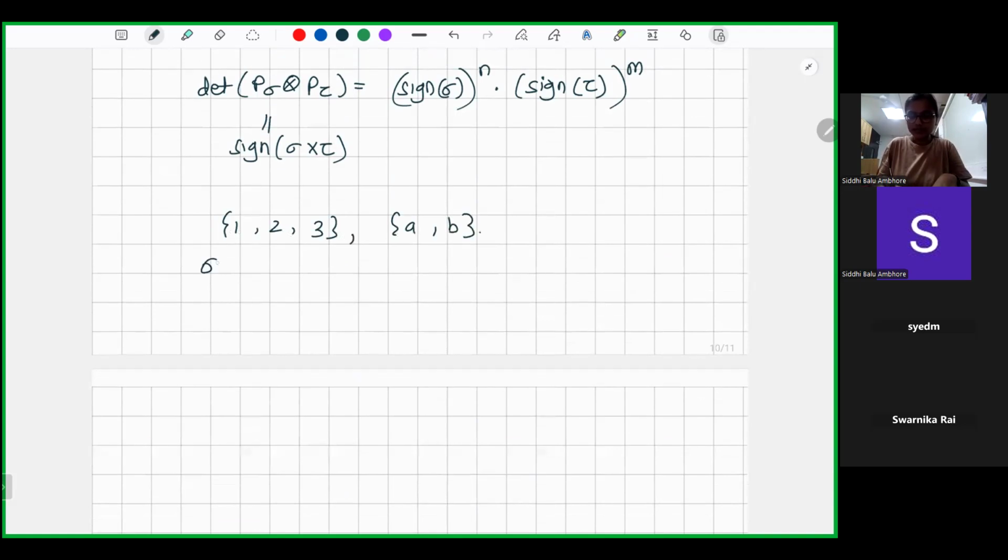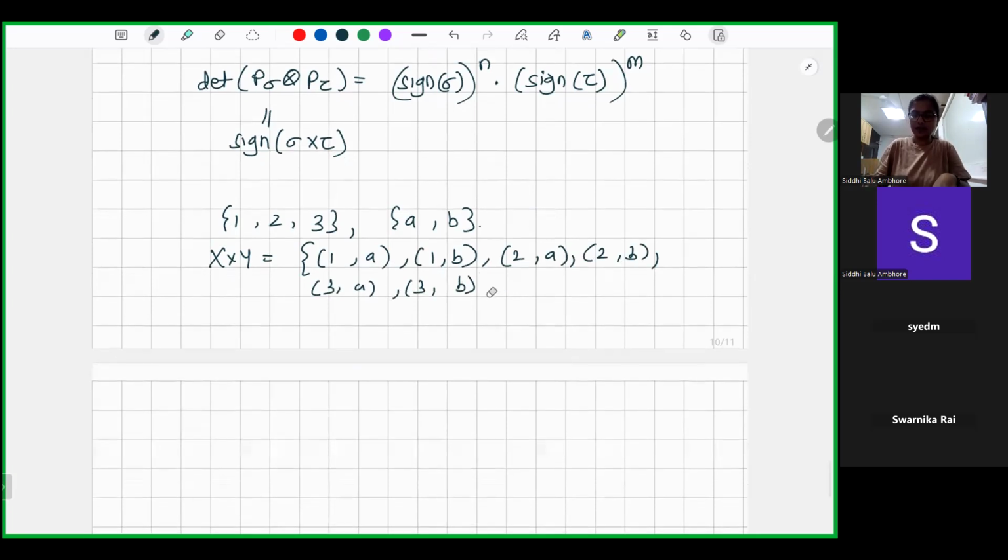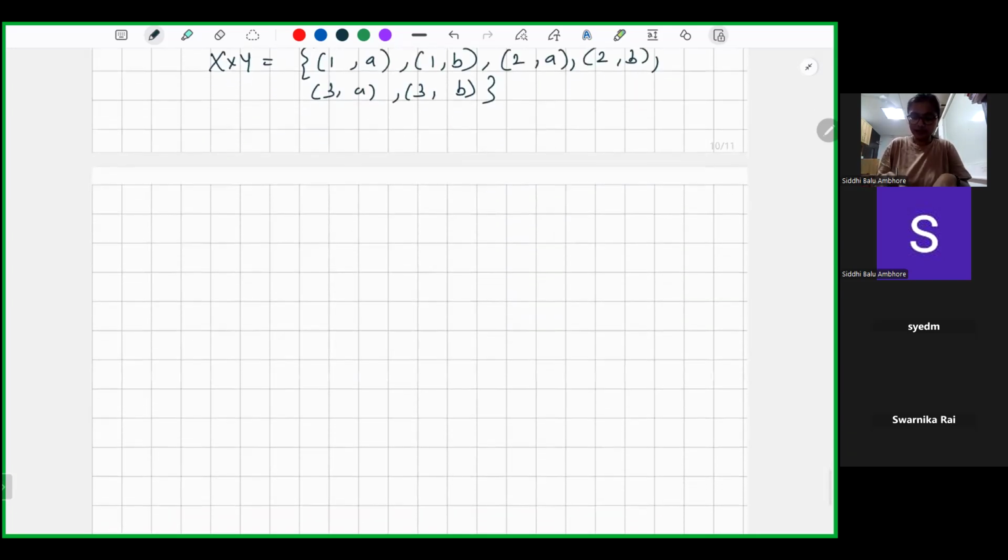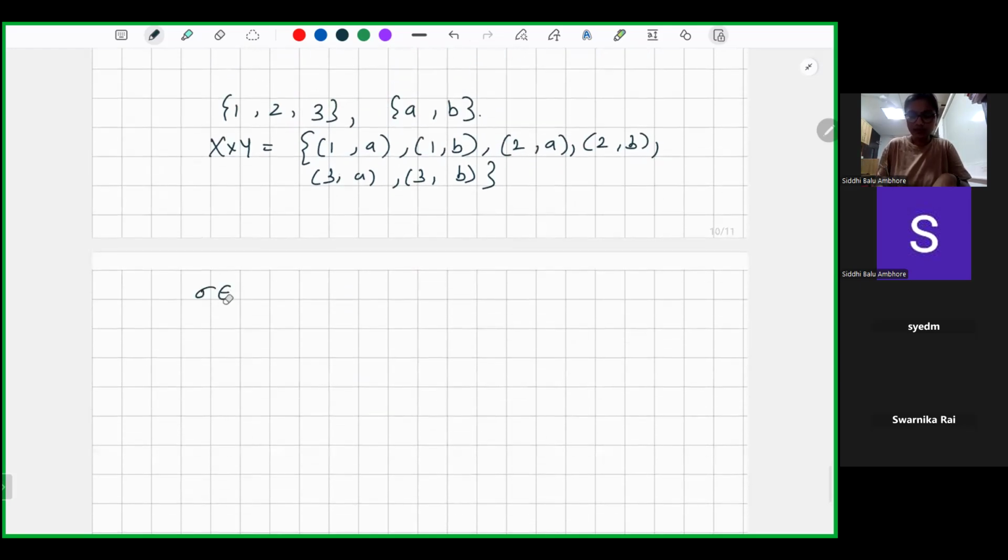So this X cross Y is 1a, 1b, 2a, 2b, 3a, 3b. And if I take sigma, suppose sigma swaps 1 and 3, and tau is just the two elements a, b.